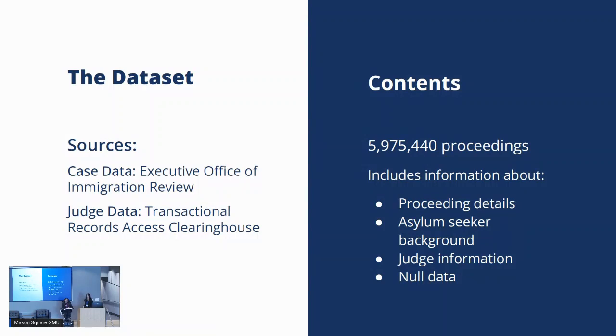And second, biographical information on immigration judges from the Transactional Records Access Clearinghouse. After some pretty extensive pre-processing, this resulted in a final data set of about 6 million cases with 230 or so different features on details of each proceeding and the various actors involved.